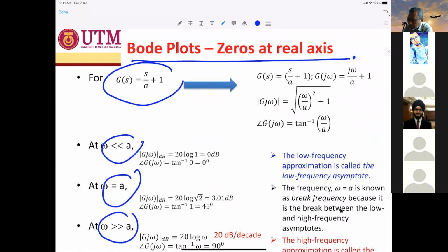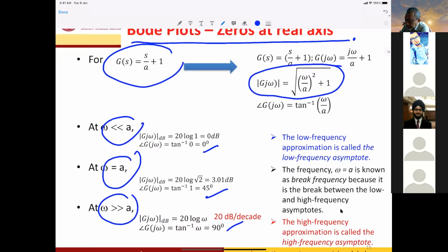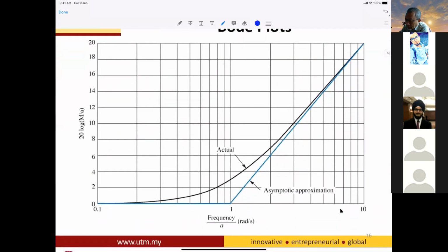And we will get 0 degrees at low frequency, 45 degrees, and 90 degrees at high frequency, with the gain formula as shown here, square root of omega divided by a squared plus 1, and the phase is arctangent of omega divided by a. And the plot is shown here.